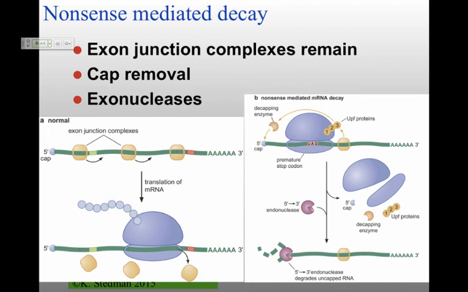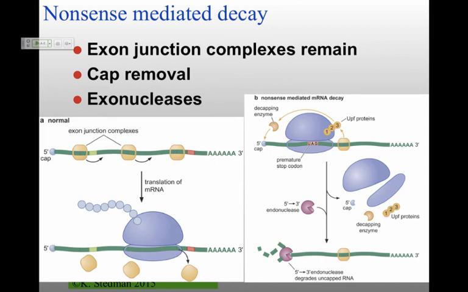If, however, somehow you have a stop codon that is present in your messenger RNA before it gets to the very last exon, this means this is probably a bad protein. And usually those stop codons have happened because you've had incorrect splicing.